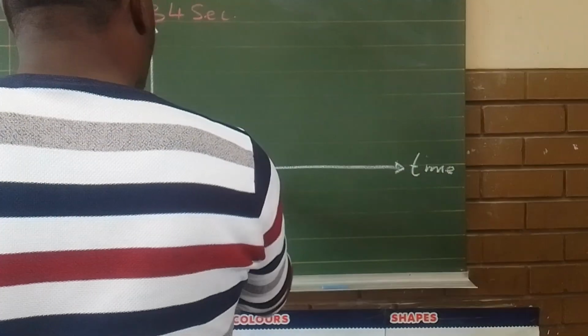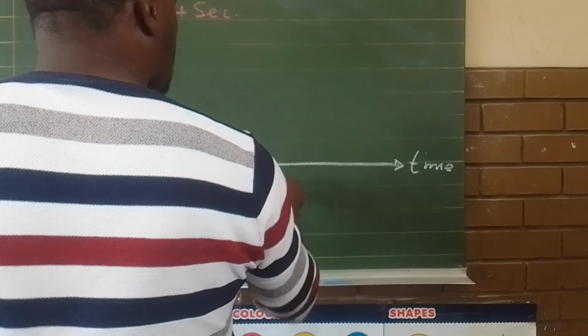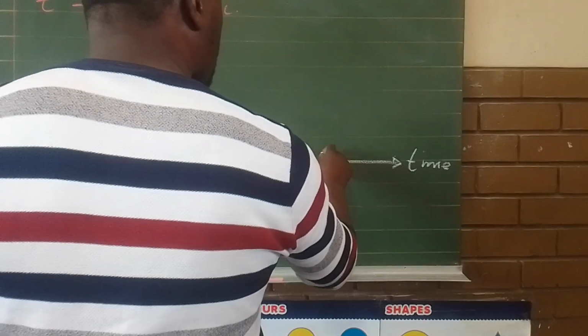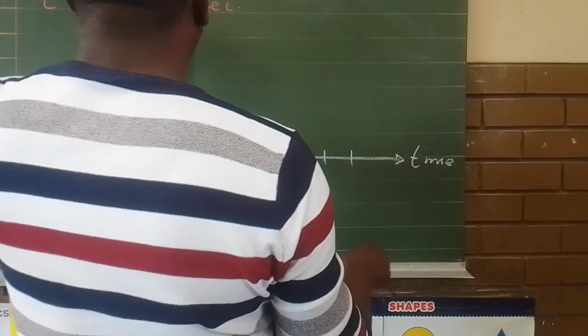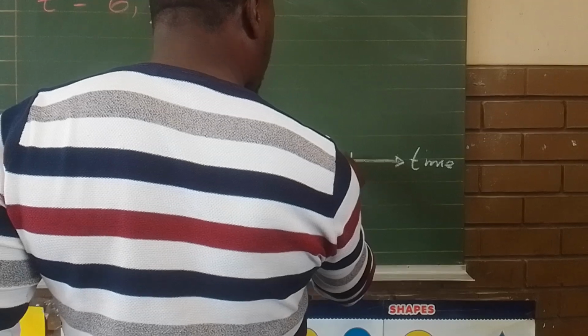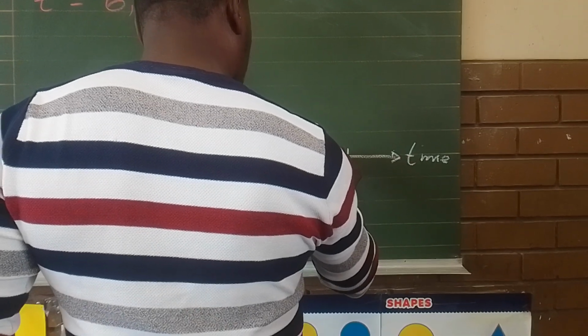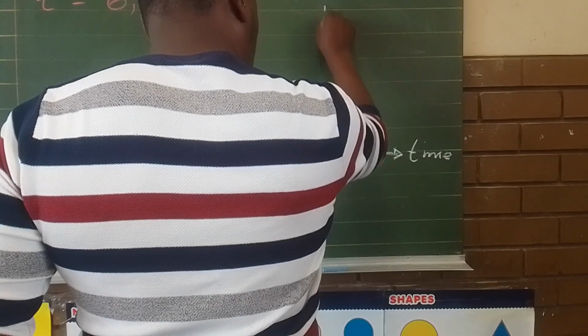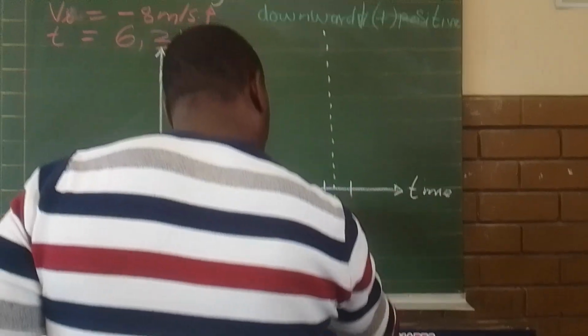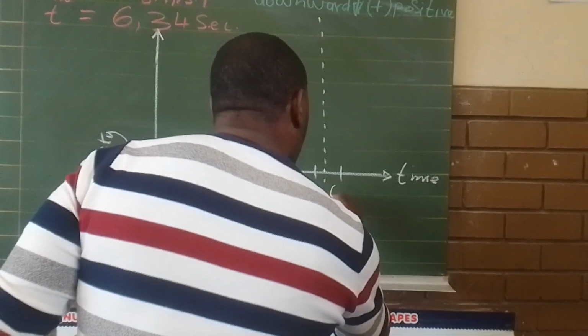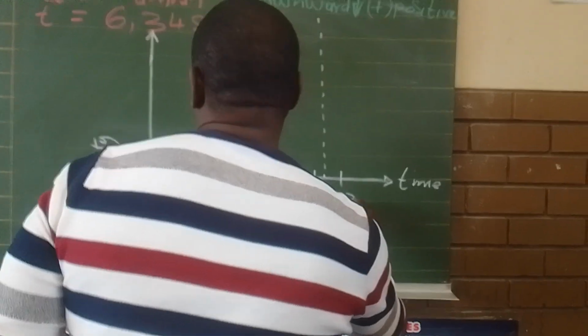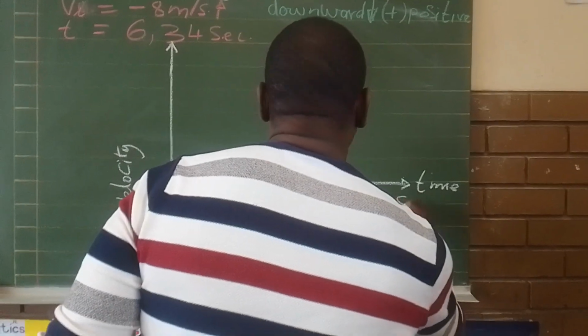We are going to say 1, 2, 3, 4, 5, 6, 7. So 6,34 seconds is somewhere here.